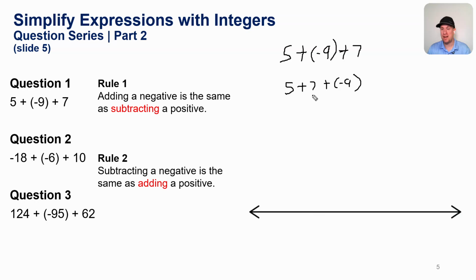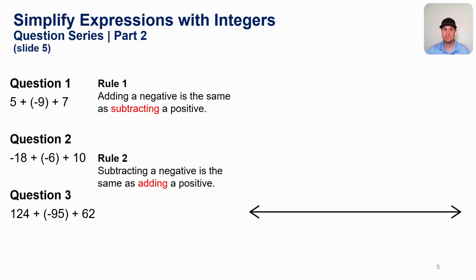And then you do the 5 plus 7 first, which is going to be 12 plus a negative 9. And then you have 12 plus a negative 9, which is really the same thing as 12 minus 9, essentially. Adding negative 9 is the same as subtracting a positive 9, and you end up at a positive 3. So that is another completely fine way of solving that type of problem.